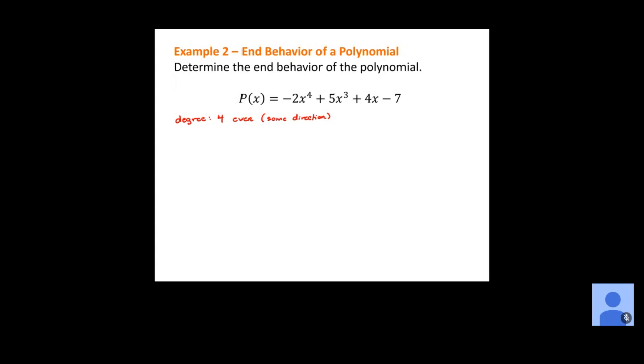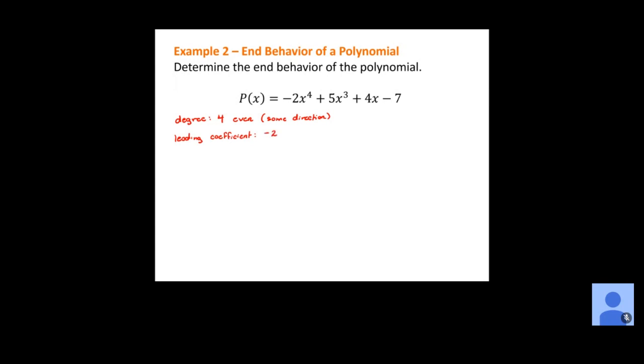Now we're going to look at our leading coefficient. What's the leading coefficient this time? Negative, just the -2, right? So we don't have to worry about the variable in this case. If we're just looking at leading coefficient, it's just the number out front. And so that's going to be -2.